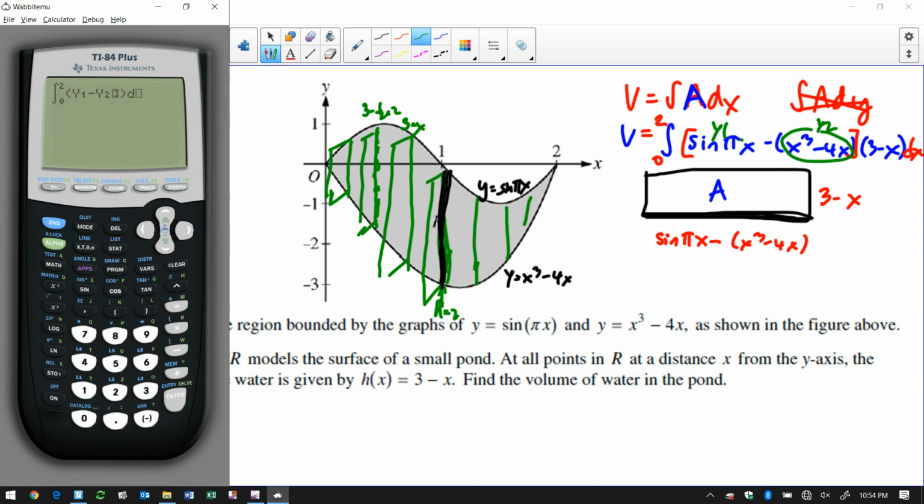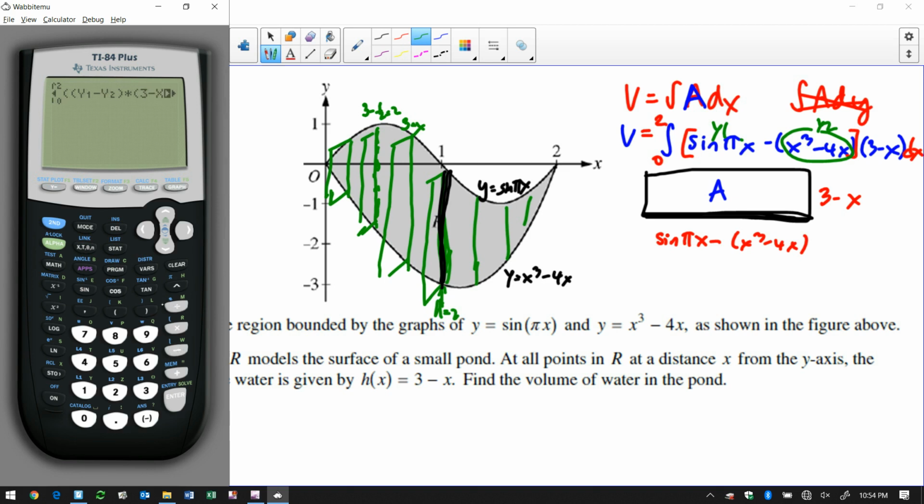and I want to take that and multiply it by 3 minus x. So I actually need another parentheses here. So let me insert a parentheses here, and multiply this by 3 minus x.